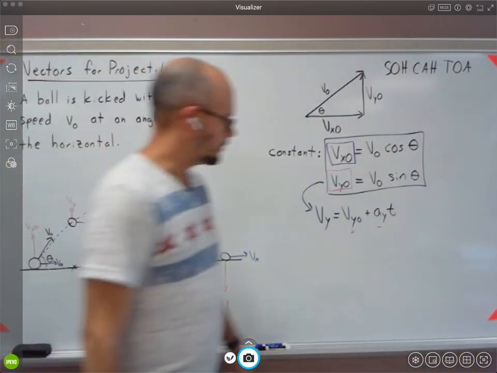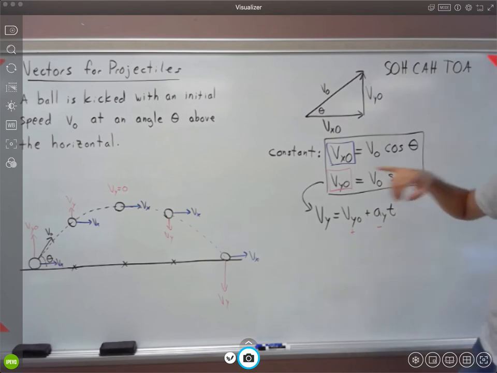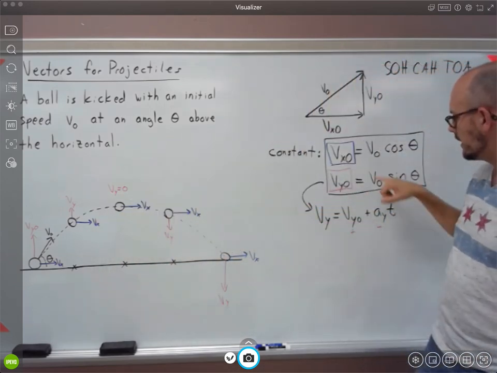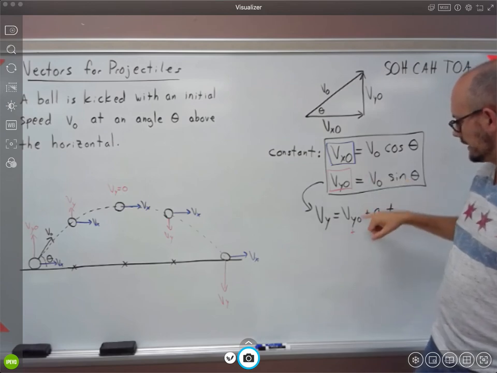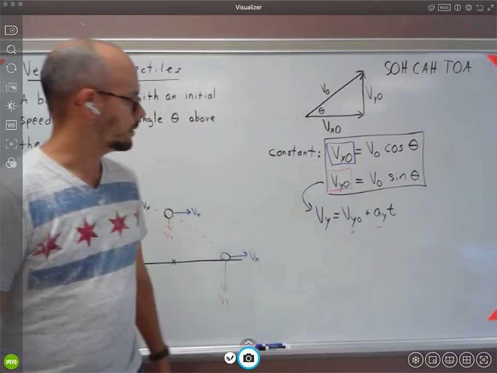So before we get to any practice problems, we took a look at the trig that we do most of the time, and the way that the path of the projectile is influenced by the acceleration or lack of acceleration. Next one, we'll get into some problems.